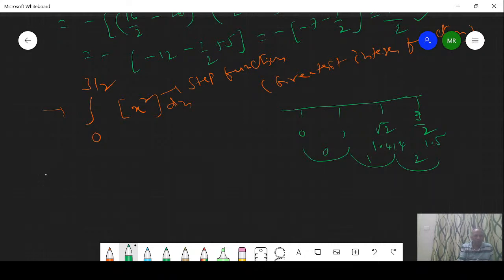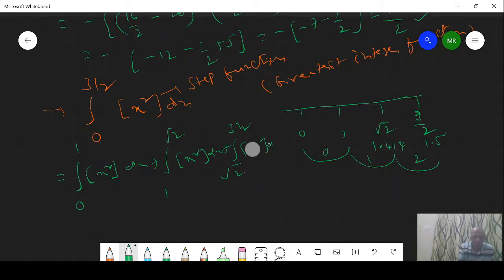So I can split this problem: integral 0 to 1, step of x square dx, plus integral 1 to root 2, step of x square dx, plus integral root 2 to 3 by 2, step of x square dx.